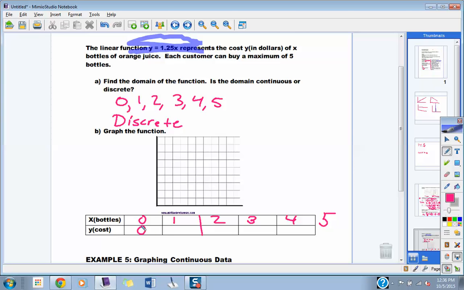Well, how are you going to find that? 1.25 times 1. Sounds like the cost of 1 bottle of orange juice that day is $1.25. How about if I have 2 bottles? What's the cost then? $2.50. Good. Okay, 3 times 1.25 would be $3.75.